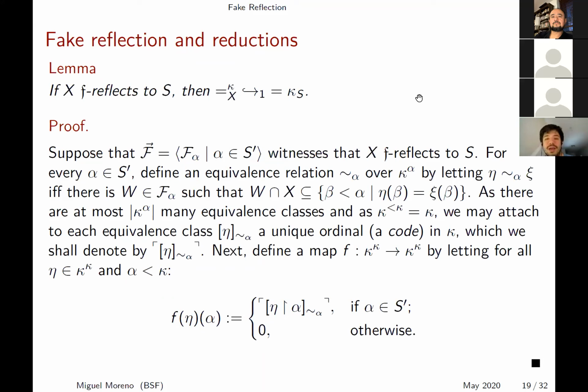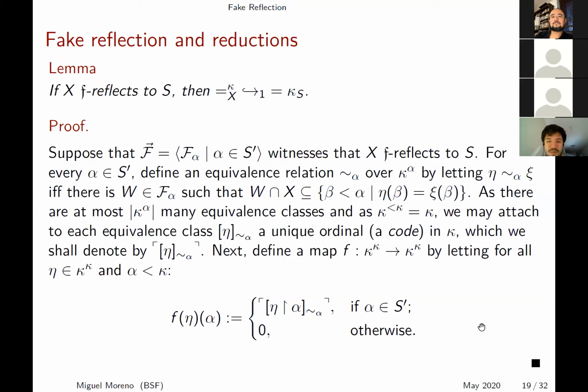And the other direction is given by the second property of filter reflection: if eta and xi are not equivalent, it is because they are different on a stationary subset of X. But if they are different on a stationary subset of X, you can reflect it to stationary many subsets. So there are alphas in which there is no W in F alpha witnessing this relation.